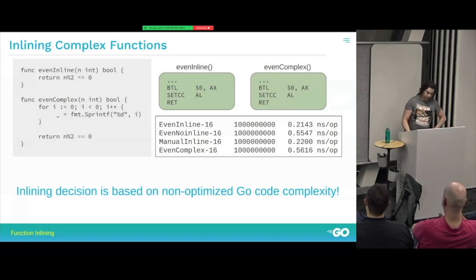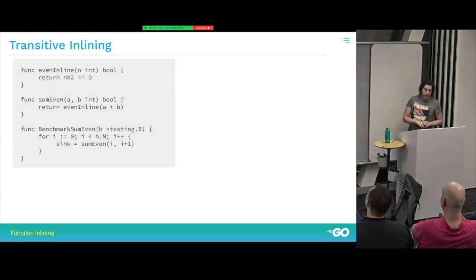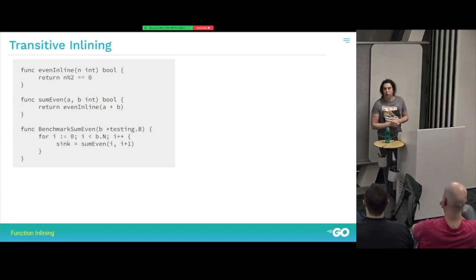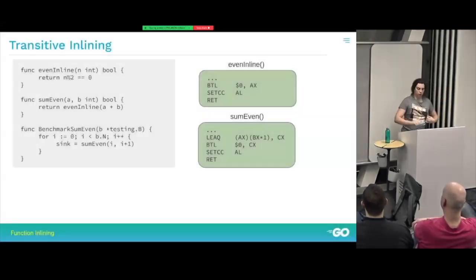And of course, the inlining works transitively, where the compiler tries to inline the bottommost functions in the call tree first. And then if the resulting function is still simple enough, it again inlines it. So when you check the code here, basically the even sum is very similar to the even inline.